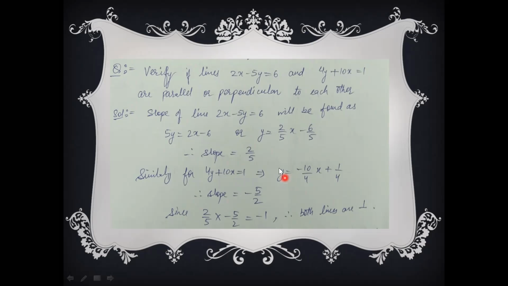So we'll make y the subject. If we make y the subject, we get minus 10 by 4, which is minus 5 by 2. Now the slope of the first line is 2 by 5 and this is minus 5 by 2. We can multiply these two and we get minus 1. Since the product of both slopes is minus 1, the lines are perpendicular to each other.